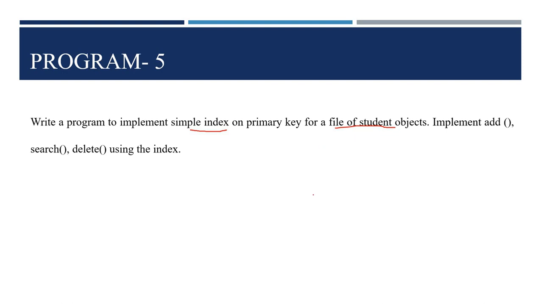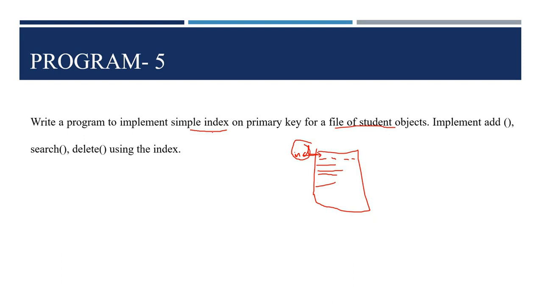For the individual element of the file, for example name, USN, branch, age of the student, we are defining an index value. We are defining an index value for a particular student data, that is nothing but for an individual record, and using the index value we can fetch the data from the particular record.